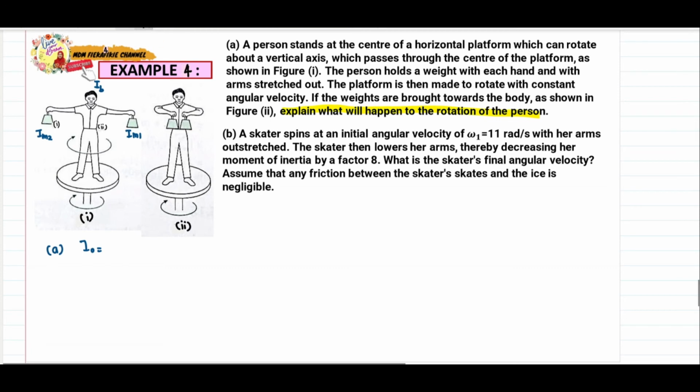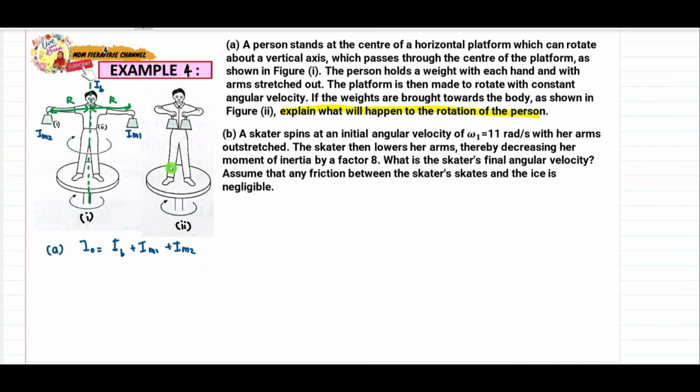This is the axis of rotation, for example, and the position of masses M1 and M2 from the axis of rotation can be written as R. So we can calculate the initial moment of inertia: initially we have I of the boy plus I of M1 plus I of M2.